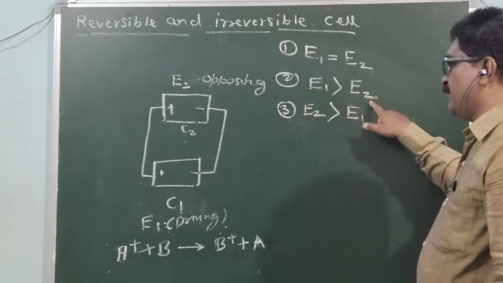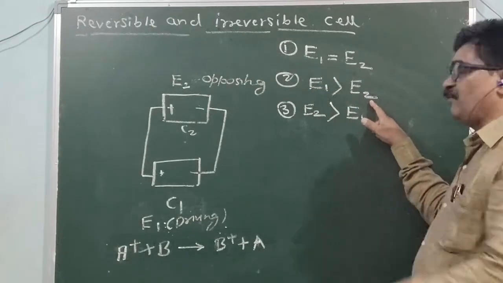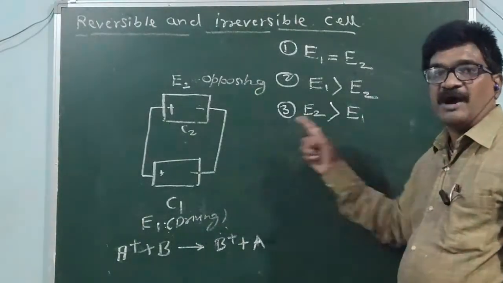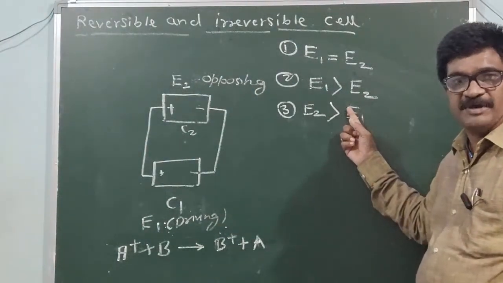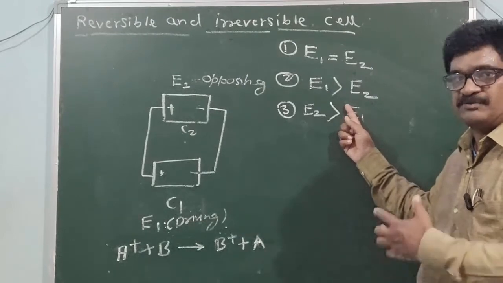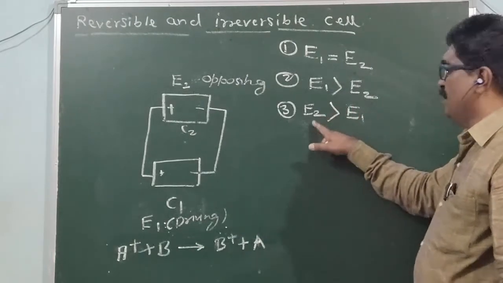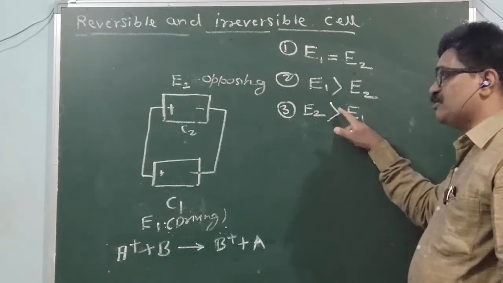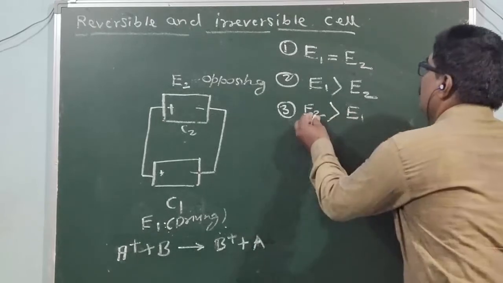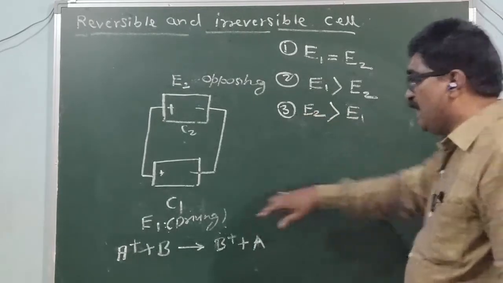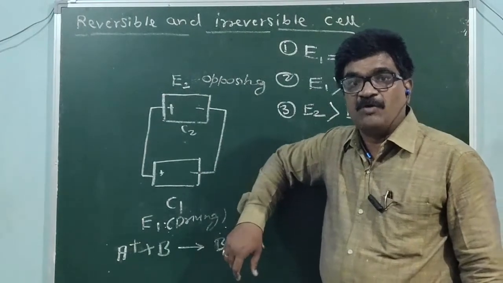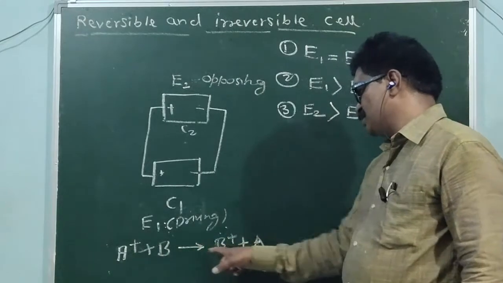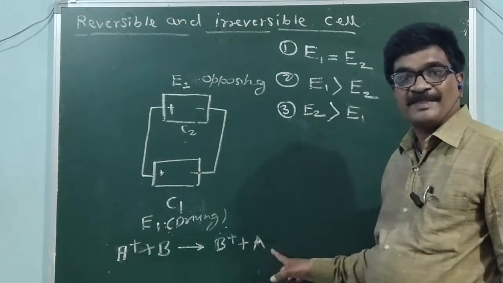If E1 is greater than E2, then it flows the current through the circuit, but E1 has the natural spontaneous chemical reaction, the forward reaction would occur. But if the opposing EMF E2 becomes equal to or greater than E1, then the forward cell reaction now gets reversed. That is A plus B gives you B plus A.